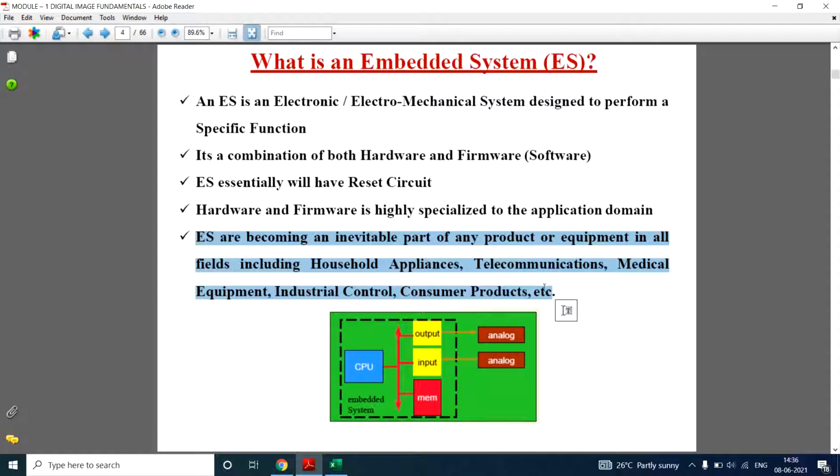Household appliances, for example: we use microwave ovens, washing machines, even mobile phones. All these are examples of embedded systems. That's why an embedded system has become an inevitable part of our livelihood now.